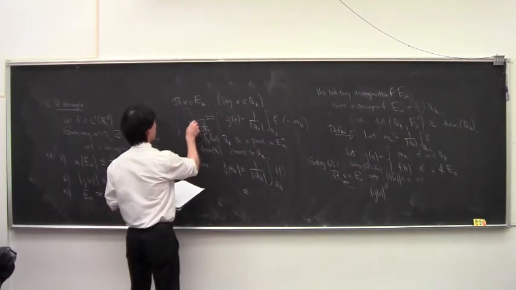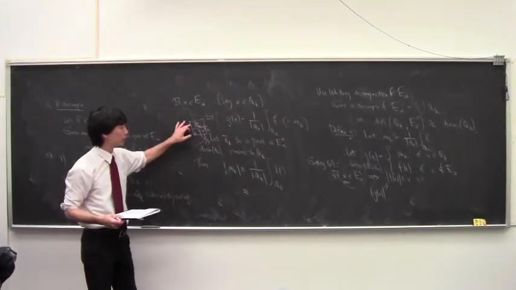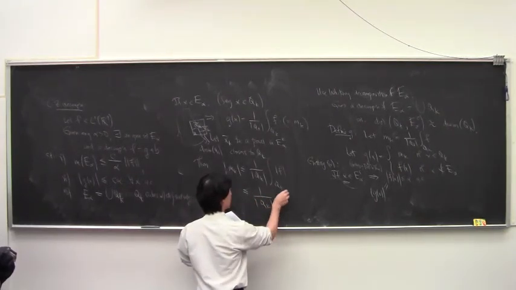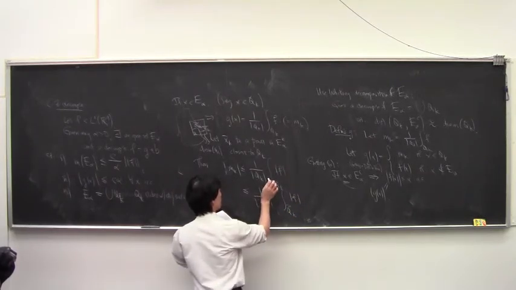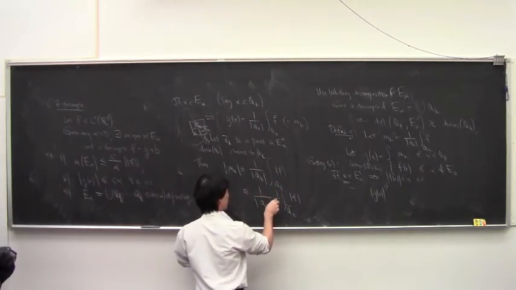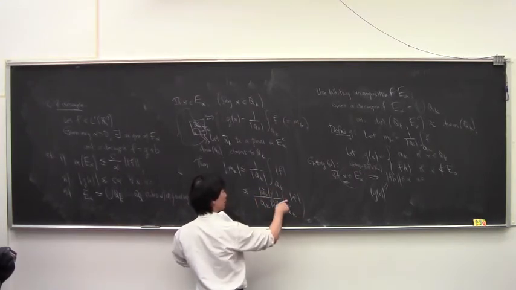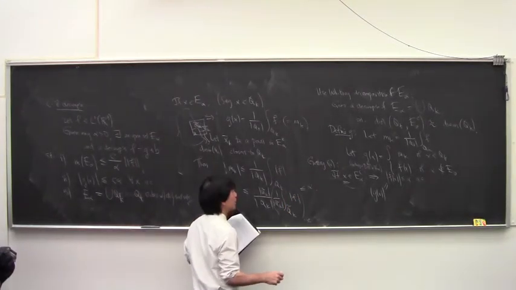Let's call it Q k total. So that's controlled by 1 over the size of Q k times the integral over Q k total. I'm going to multiply on top and bottom by the size of Q k total. And I know that this number is smaller than alpha.